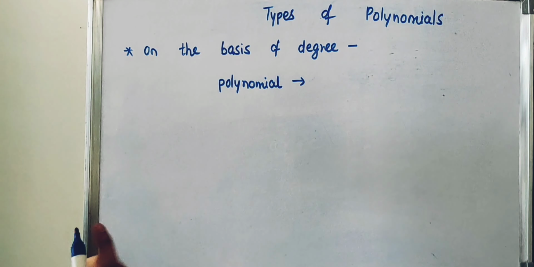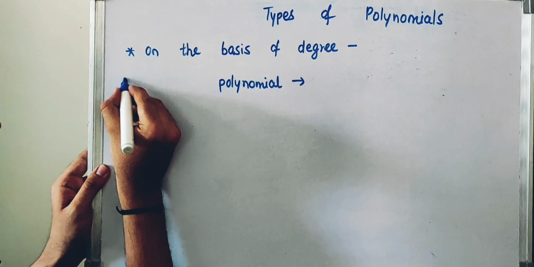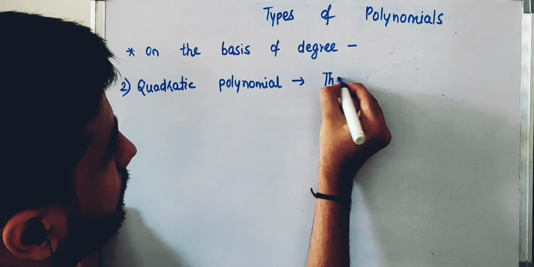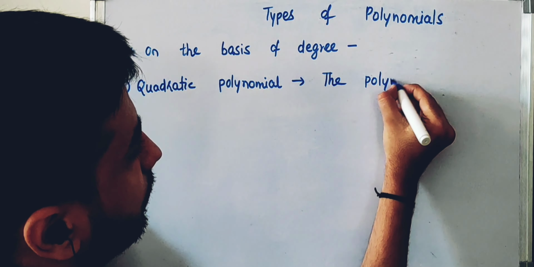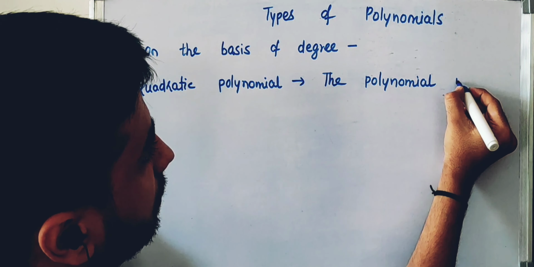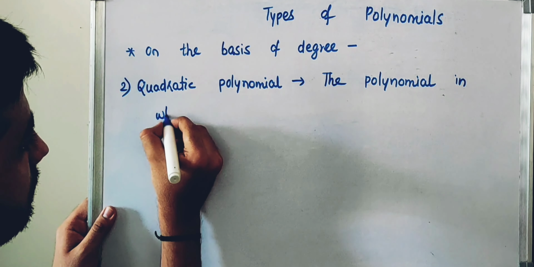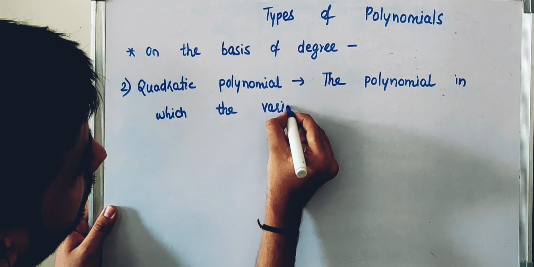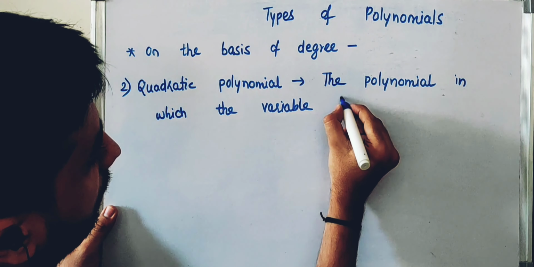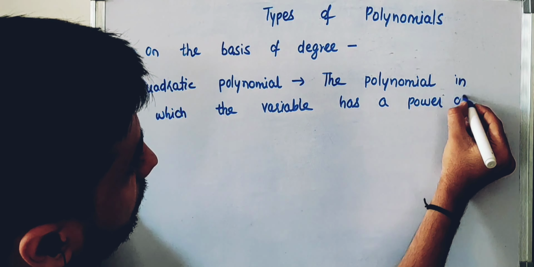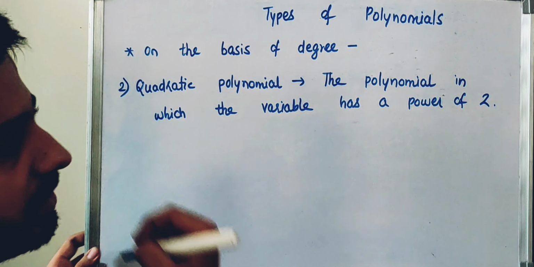What is the second one? Quadratic polynomial. The polynomial in which the variable has a power of 2 is known as quadratic polynomial.